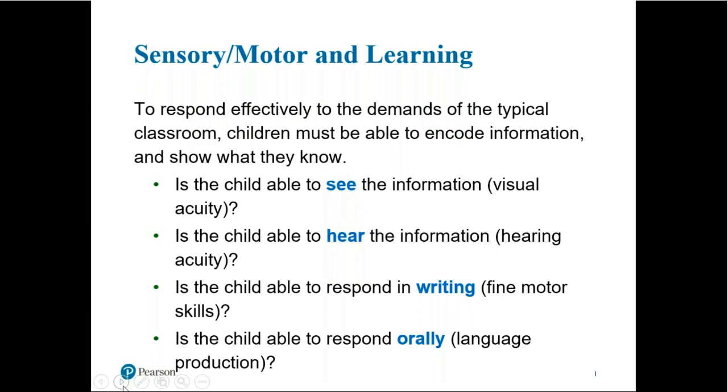It's really important that if there are some visual issues and disturbances, the child has any corrective eyewear, for example. Is the child able to hear the information? So what's their hearing acuity like? And again, like with the eyewear, if there are any hearing assistive technologies, are they functioning? Are they turned on? Are they able to hear the information that is being presented?